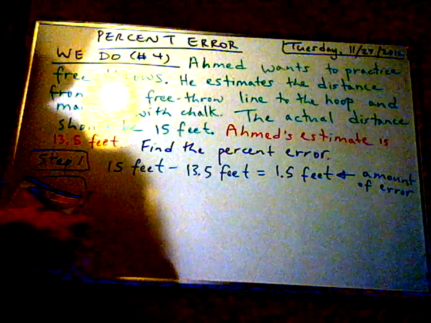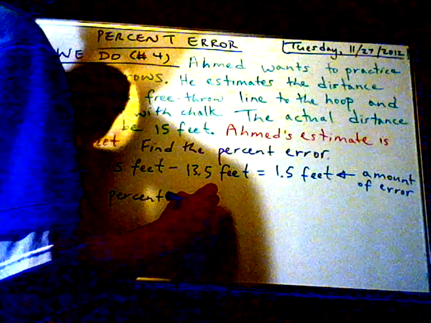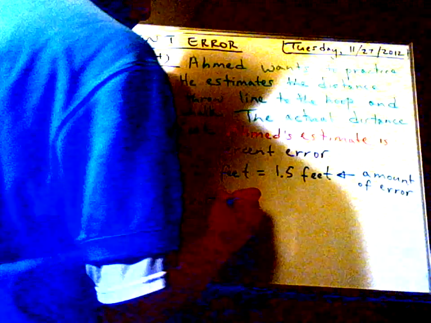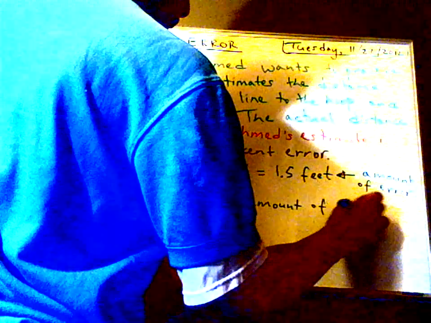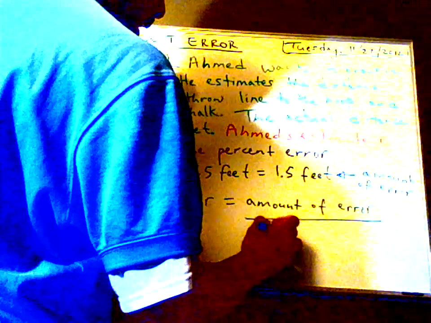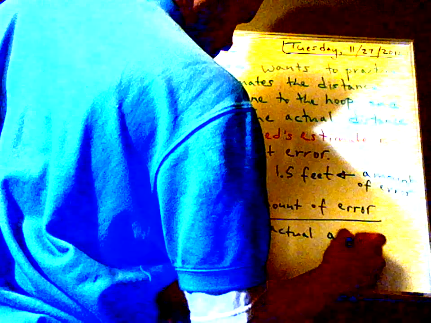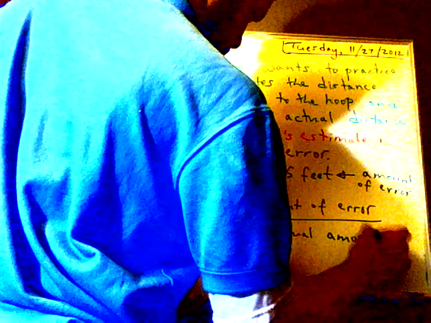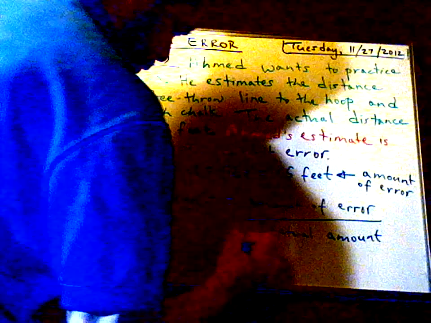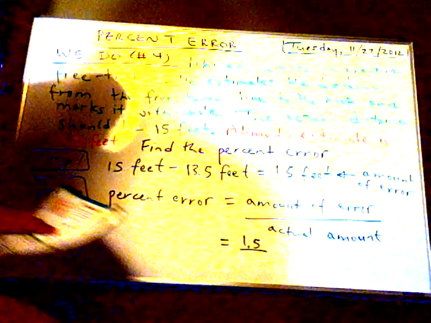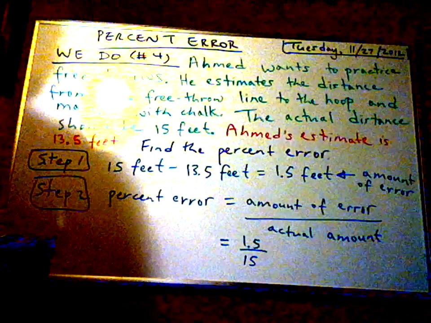Step 2, I'm going to find the percent error. So percent error is equal to the amount of error divided by the actual amount. Okay, and so what I have here, I have an error of 1.5. Okay, and the actual amount is 15. So 1.5 feet over 15 feet.